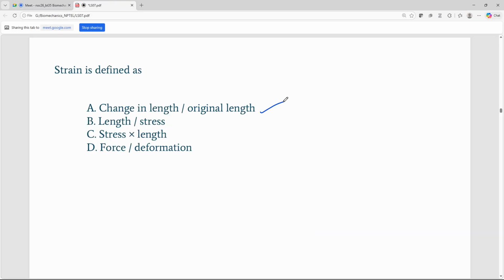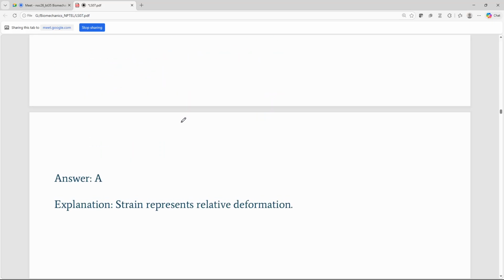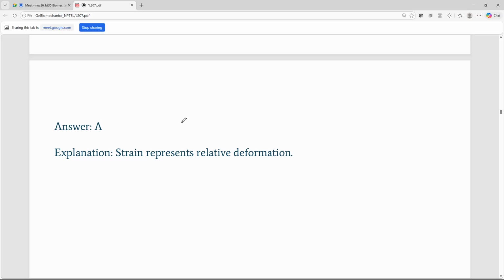That is, rate of change of dimension, rate of change of deformation, is known as strain. It is not just length, any property: the change in that actual dimension with respect to the original dimension is known as relative deformation, and strain is the term that we use for relative deformation.